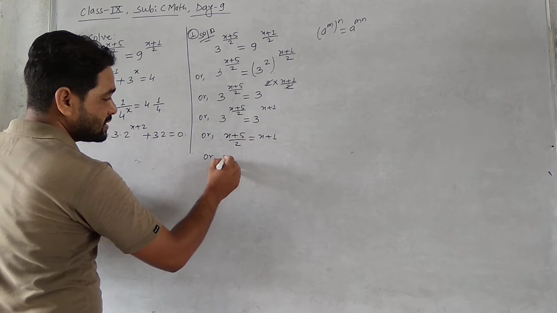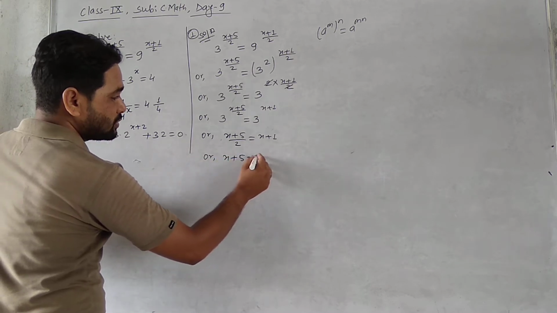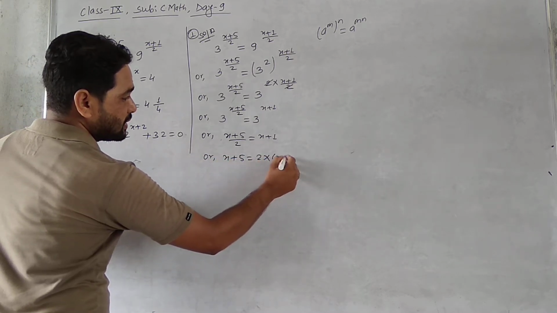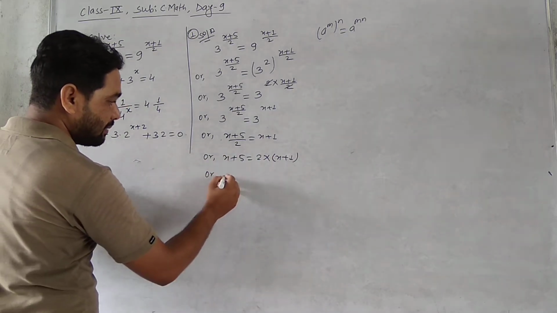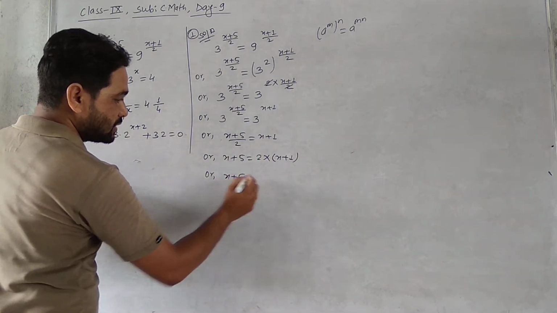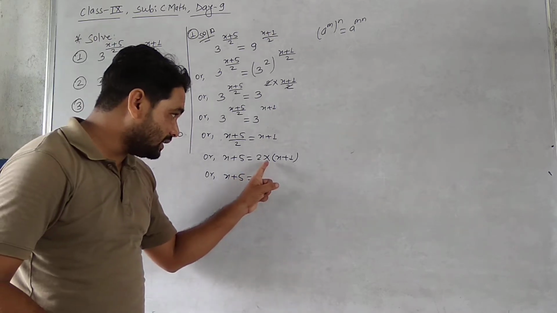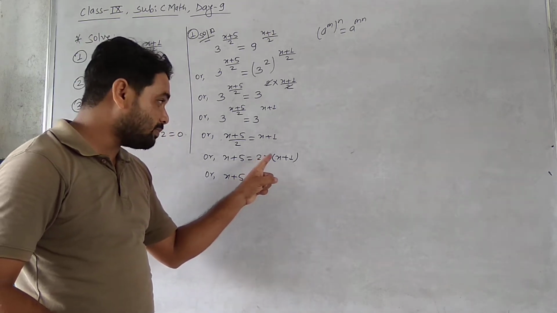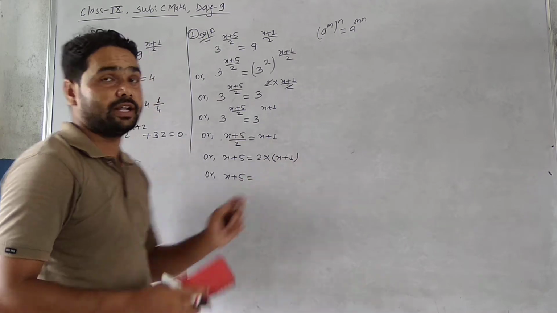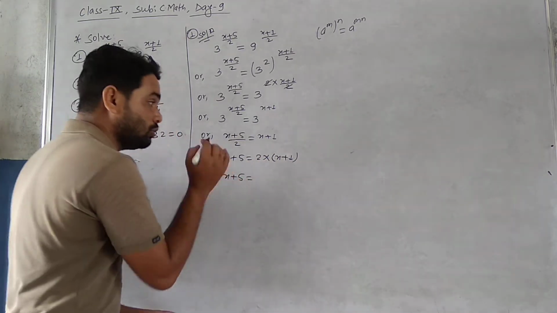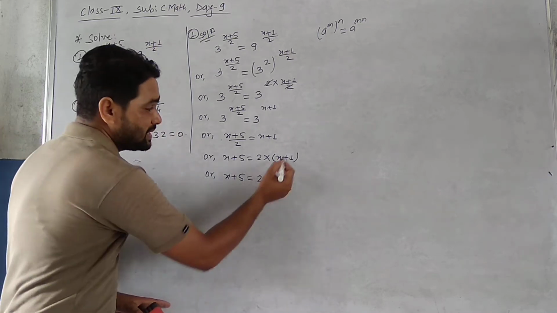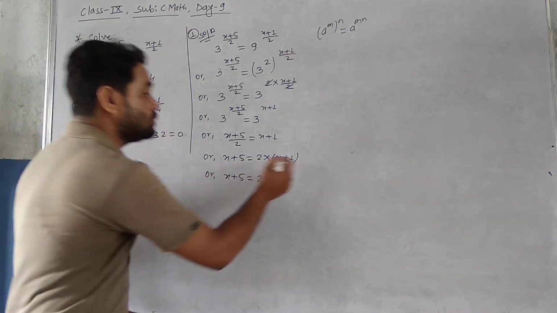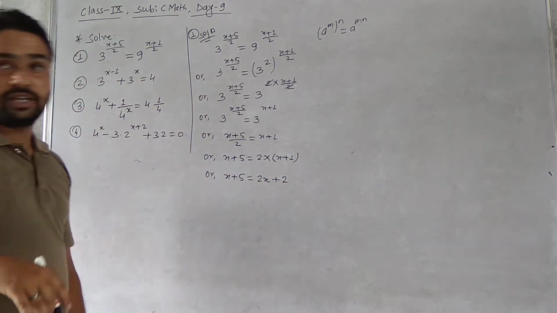So we get x plus 5 equals 2 into x plus 1. Now let's simplify again. This 2 multiplies with x and also with 1, so we get 2x plus 2.